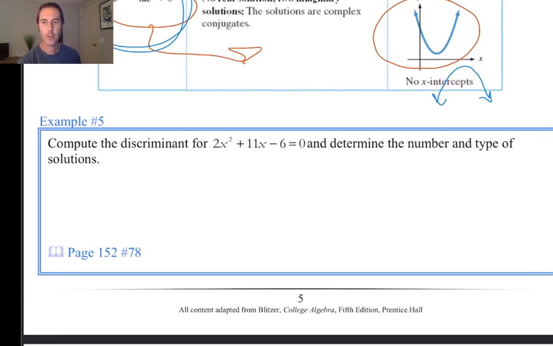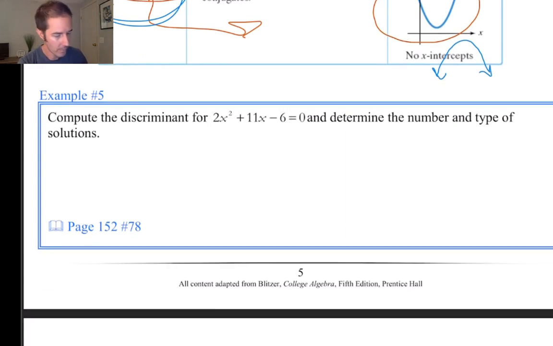Alright, so here we want to compute the discriminant given this quadratic equation and determine the number and type of solutions. So let's calculate the discriminant. The discriminant is b squared minus 4 times a times c. In this case, that is equal to 11 squared minus 4 times 2 times negative 6.